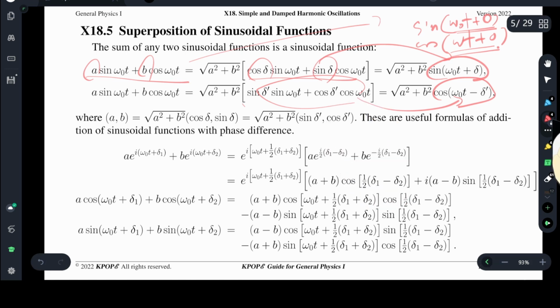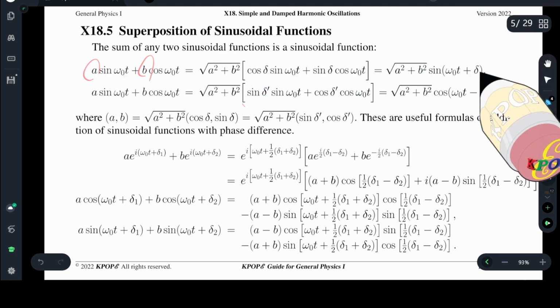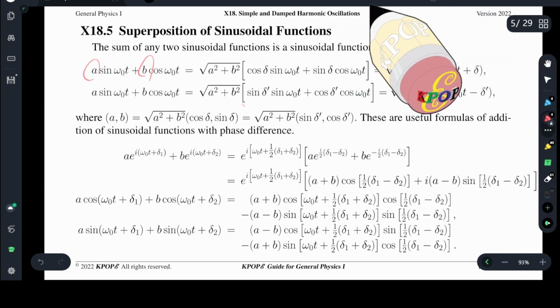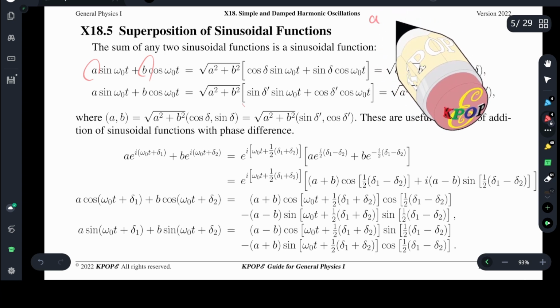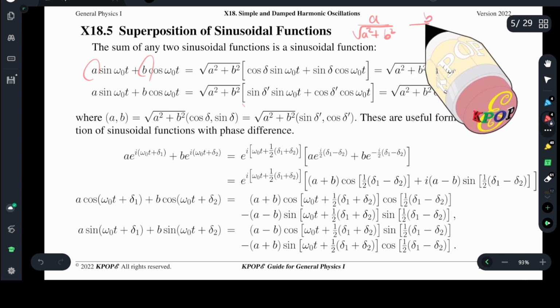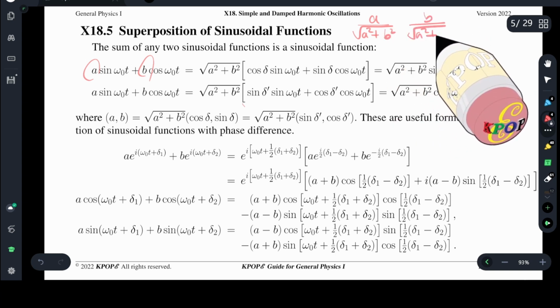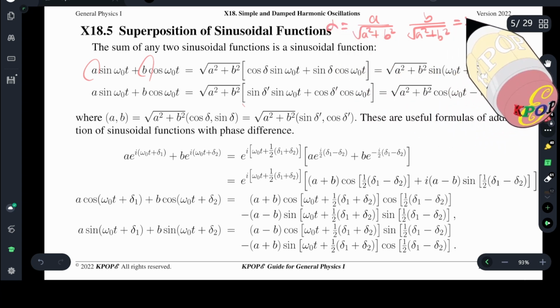The simplest way is to make use of the fact that a over the square root of a squared plus b squared, and b over the square root of a squared plus b squared. Let's define these alpha and beta.